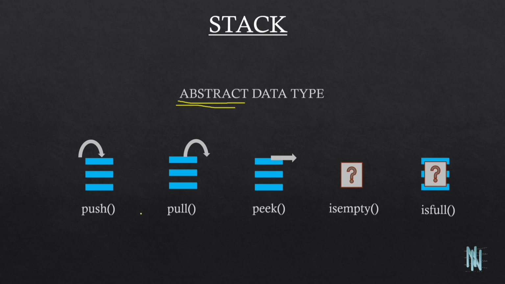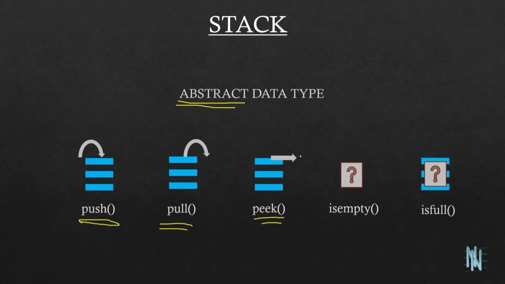The first operation is push. In this operation we push an element inside the stack, or we fill an element inside the stack. After that, the pop operation. In pop operation we pull out an element from the stack, which means we remove an element from the stack. Another one is peek. Peek shows the top element of the stack.